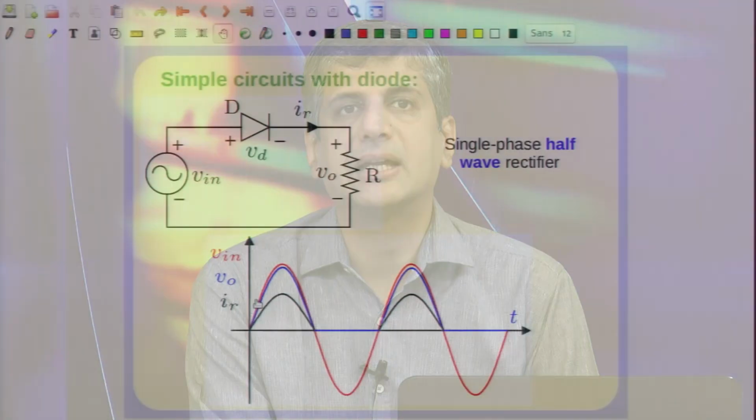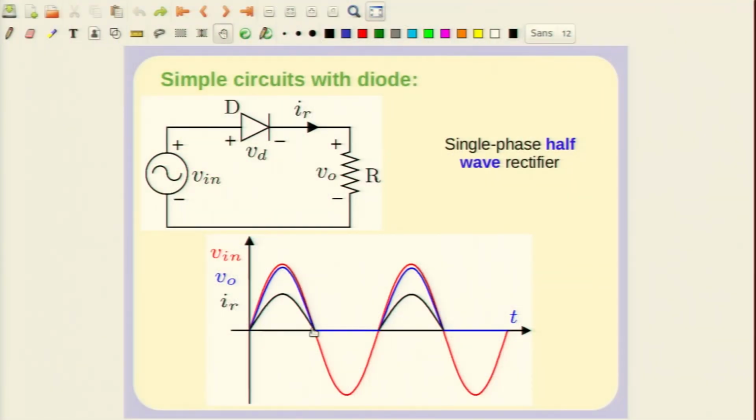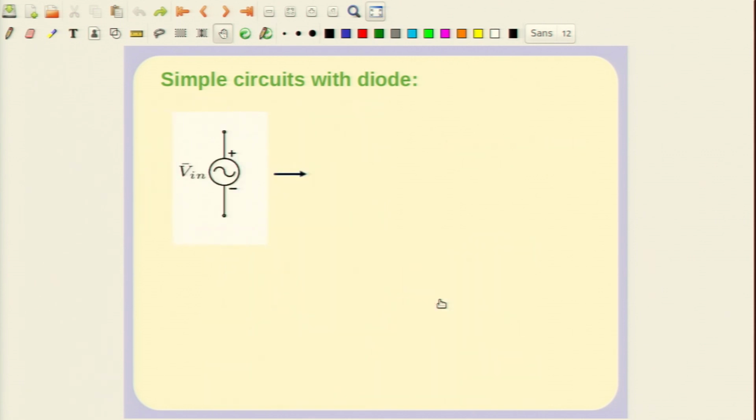So, the output waveform on the DC side is what is shown in black here, or what is shown in blue, and you know that this is in fact a periodic wave, and it has a fundamental DC, a fundamental second harmonic, and so on. But the important thing, it has a DC component. Okay. So, it has a DC component and significant harmonic components as well. So, in fact, you can get a better kind of DC.